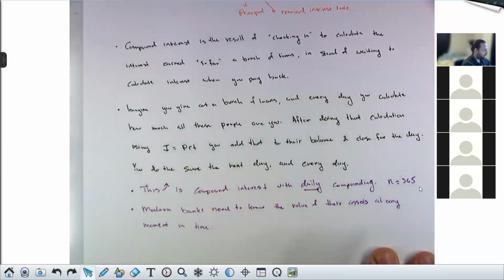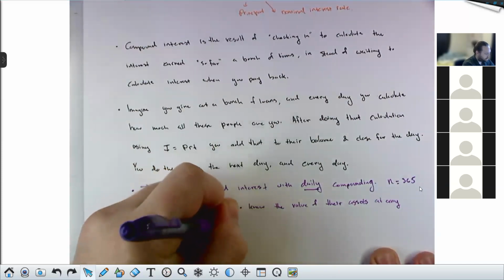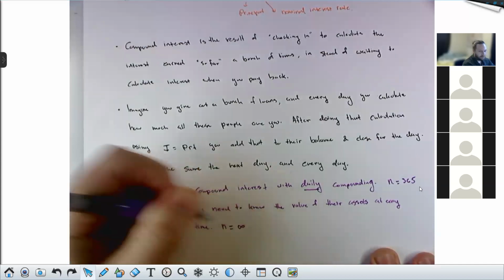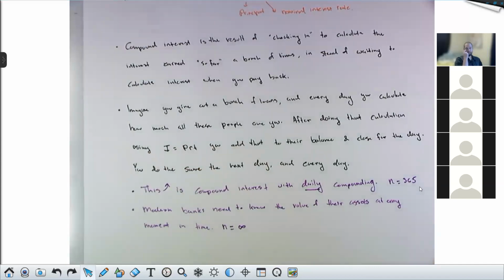If I want to know how much my assets are worth at any moment in time, this means I want to use n equals infinity. I don't want to check in once per year. I don't want to check in 365 times per year. I want to check in at every moment, every instant in time. That means I'm compounding now.